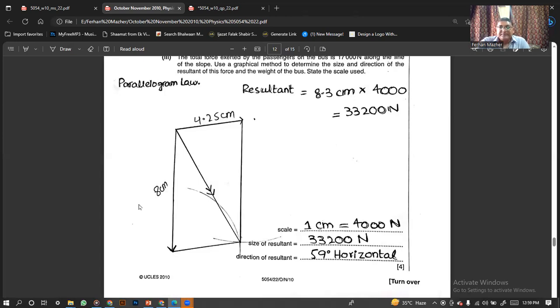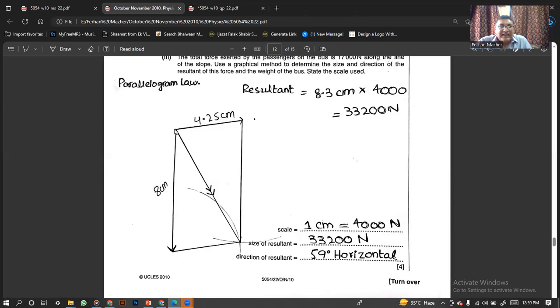Okay, for example, here 17,000 Newton is the force exerted by the passengers. So I have chosen a scale: 1 centimeter will represent 4,000 Newton. So 17,000 divided by 4,000 Newton will be 4.25 centimeter.